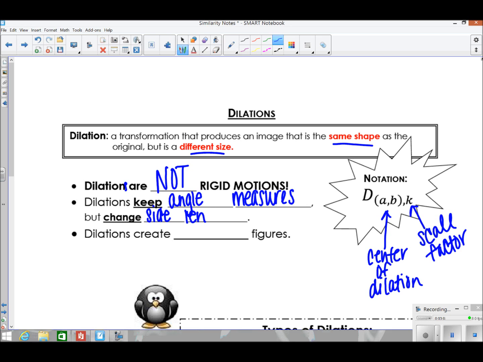That's what's going to create them getting bigger or smaller, because the side lengths will change, but the angle measures will stay the same. When we change the side lengths, they're still going to be proportional to each other, because the scale factor will be the same. We'll talk more about that later on. But dilations create similar figures, which is why our unit is called similarity.